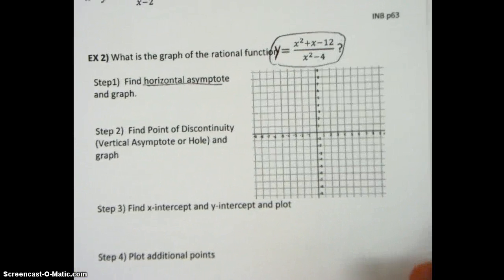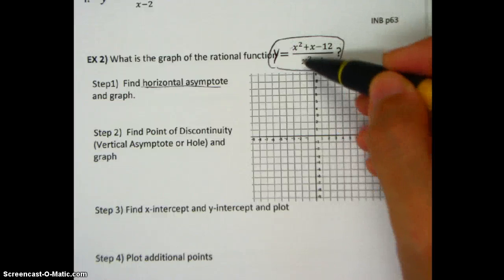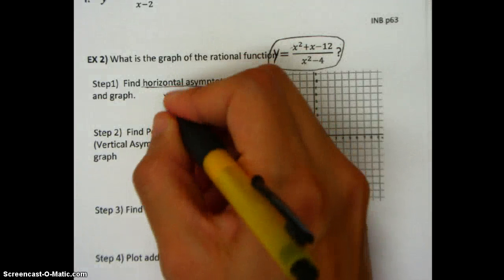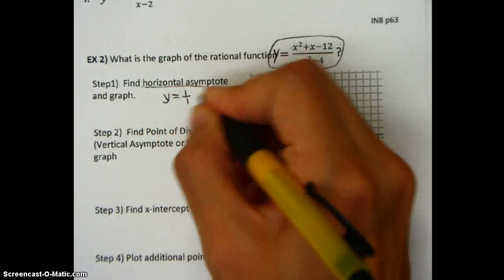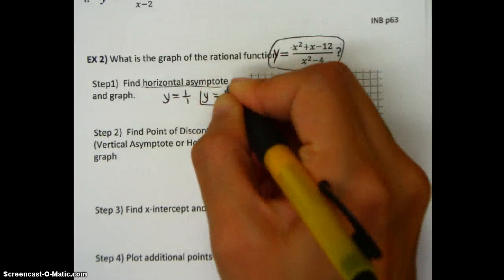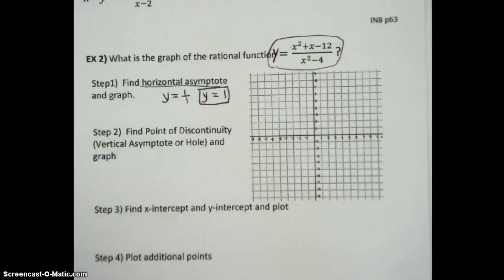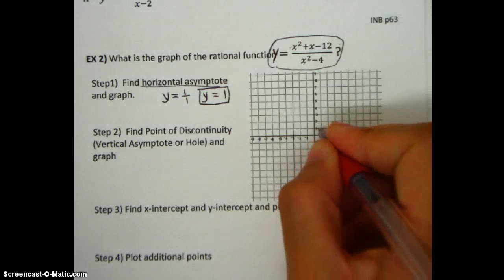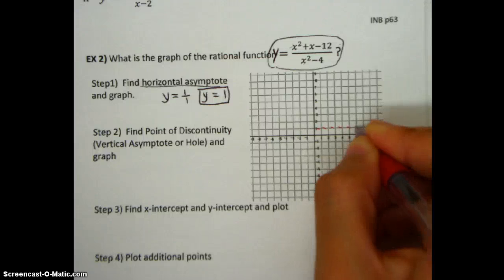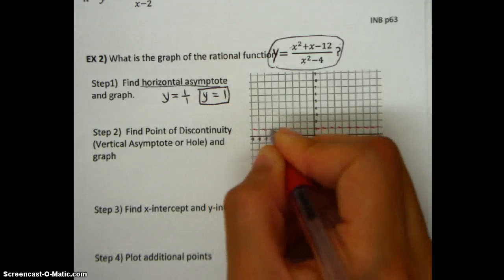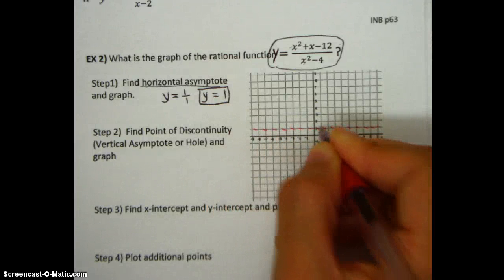In our case, they are both 1, so y is equal to 1 over 1, which is y is equal to 1. So that's the horizontal asymptote. I'm just going to graph the horizontal asymptote right here. y is equal to 1.